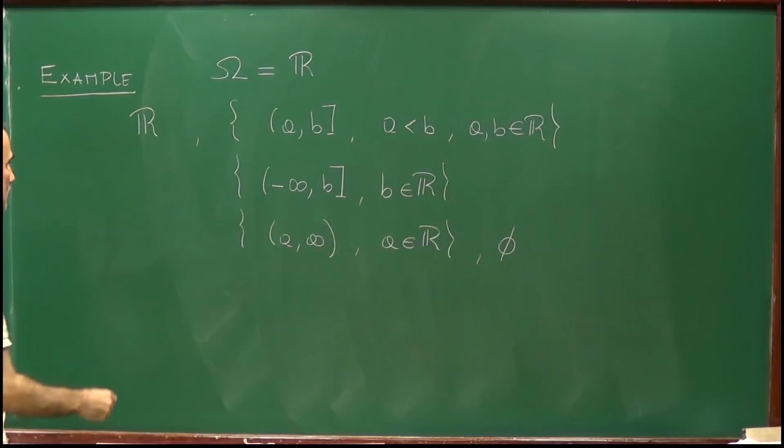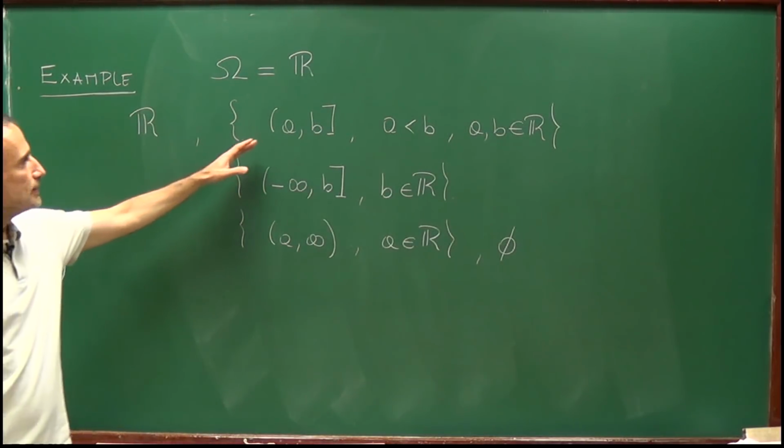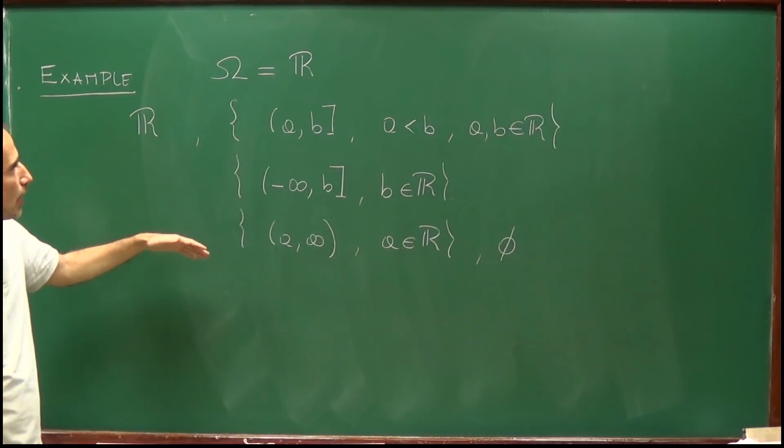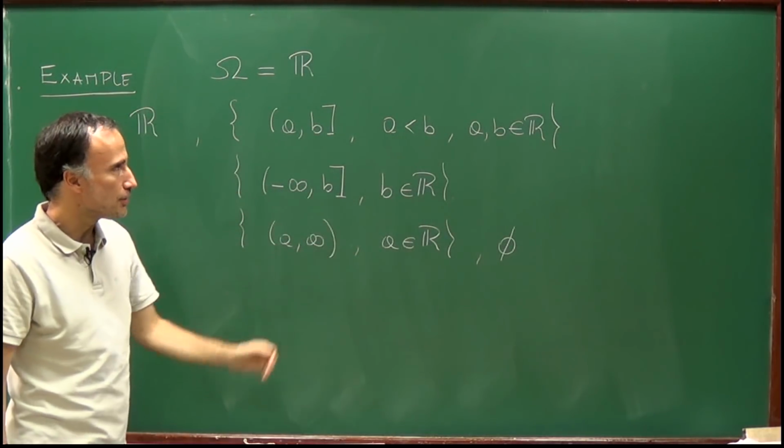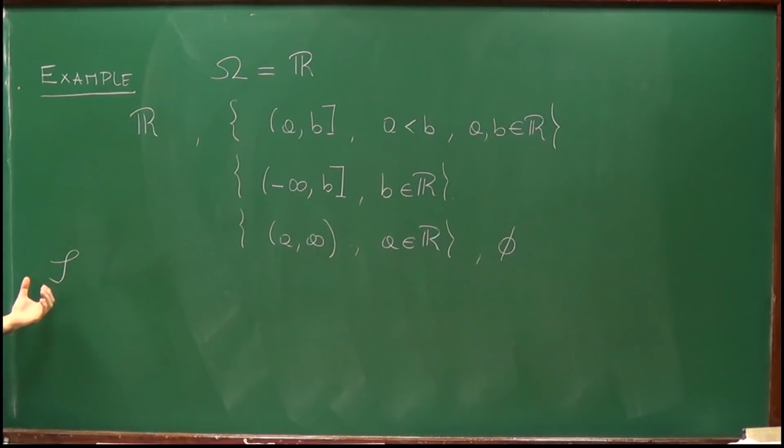So I'm defining S as the class of sets which include all the sets I just described. And what I claim is that this class of sets forms a semi-algebra.